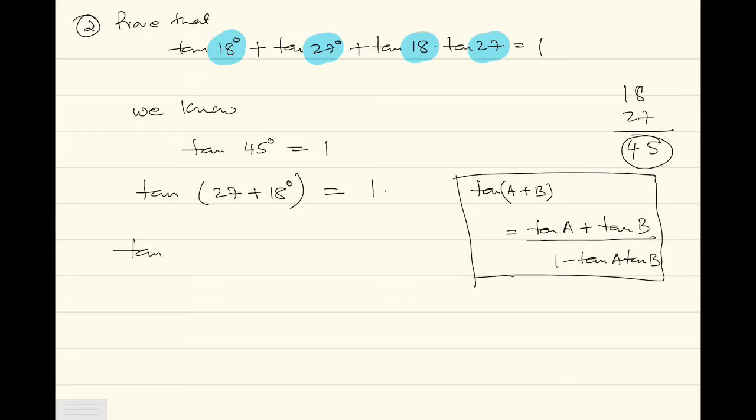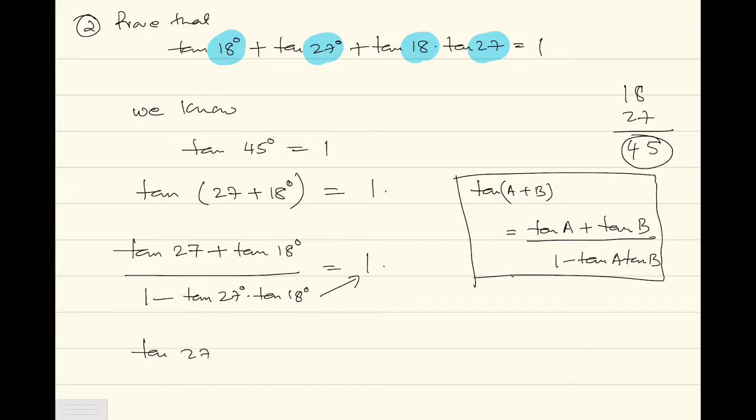So let's put this formula: tan 27 plus tan 18 degree whole divided by 1 minus tan 27 degree dot tan 18 degree, correct, equals 1. Time to cross multiply. Can I do that? Tan 27 plus tan 18 degree equals 1 minus tan 27 degree tan 18 degree.